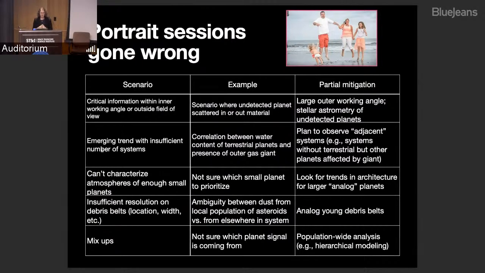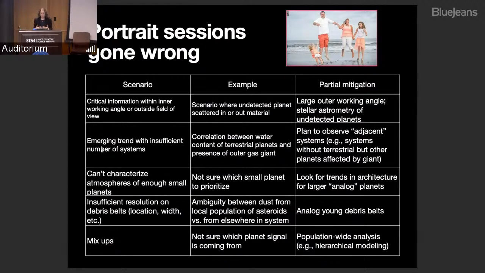Another situation I can imagine is that we have insufficient resolution on the debris belts. Like we know there's a debris belt there, but we don't really know where it is or how wide it is. For example, we might see some dust, but we're not sure if it's coming from a local population of asteroids or if it came from somewhere else in the system.